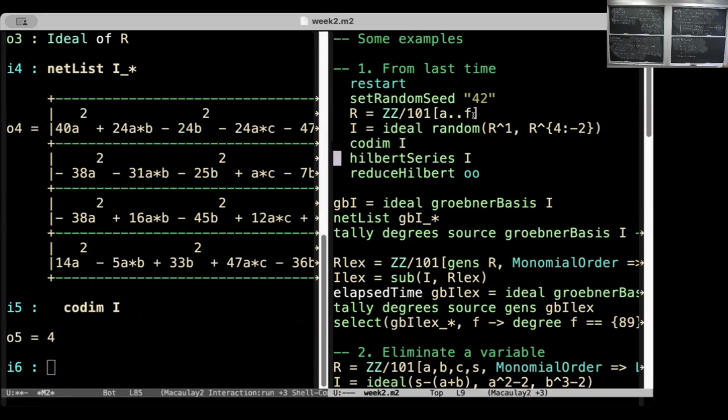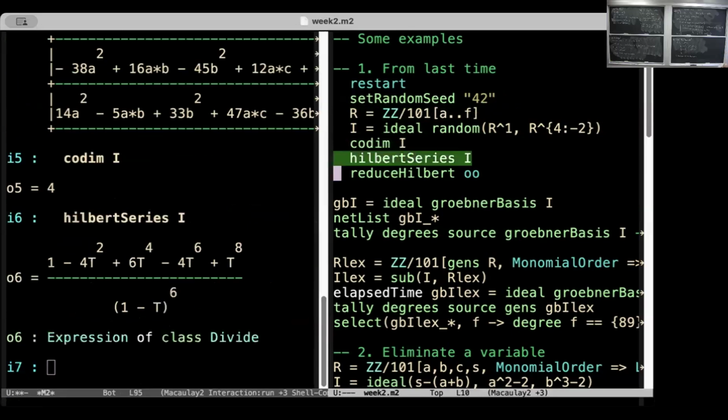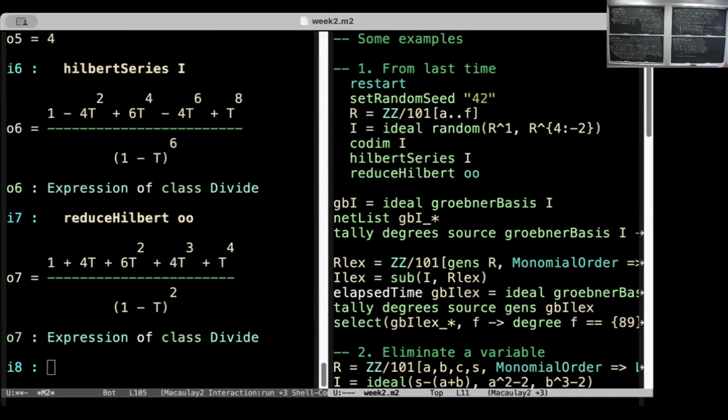So in affine 6-dimensional space, this is defining the 2-dimensional thing. And the Hilbert series of this, remember we did the rational function of the Hilbert series, is this, and then I can divide by as many 1 minus t's as I want, which gives this reduced Hilbert series. That is really irrelevant here.